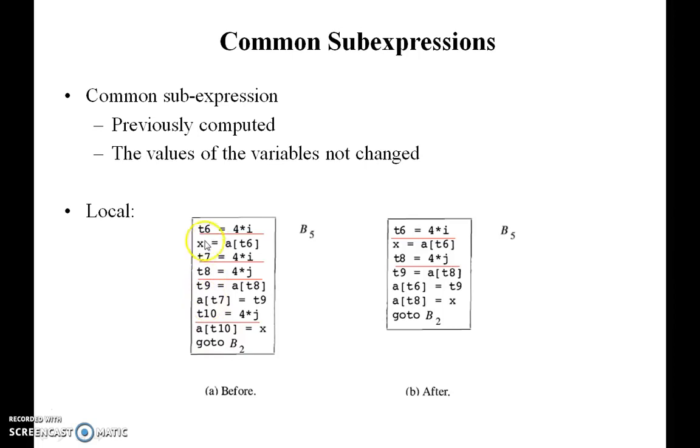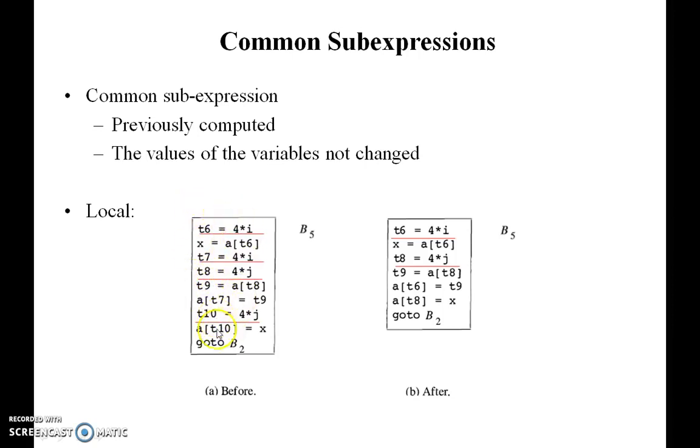Here we can find T6 equal to 4 star I, in a similar way T7 is equal to 4 star I, T8 is equal to 4 star J, T10 is equal to 4 star J. So the 4 star I computation result has been stored in two temporary variables T6 and T7, and 4 star J is stored in T8 and T10.